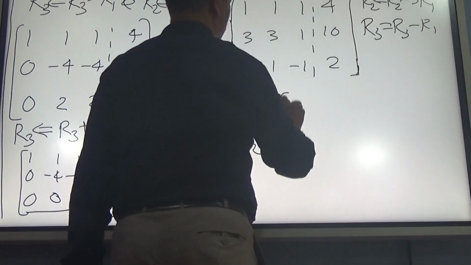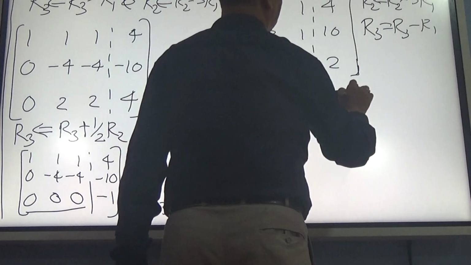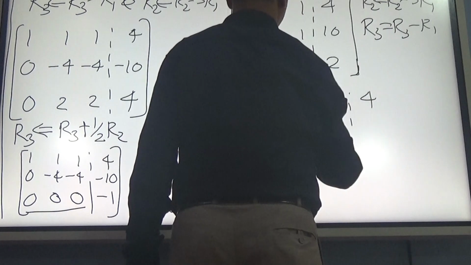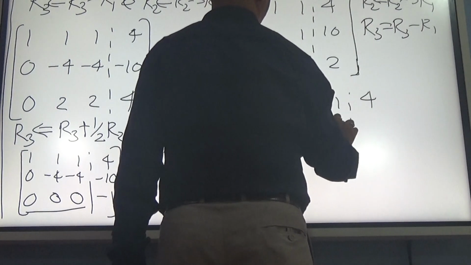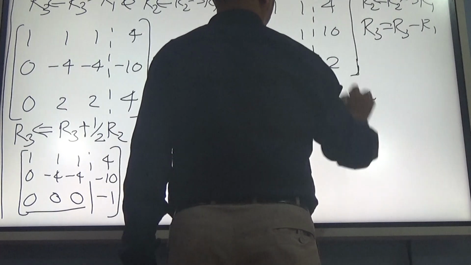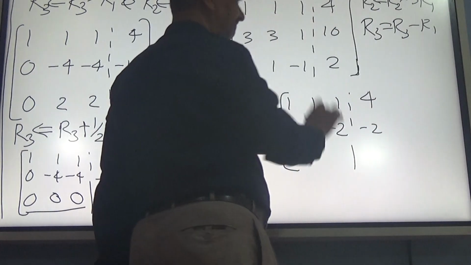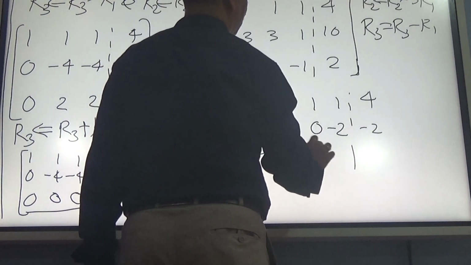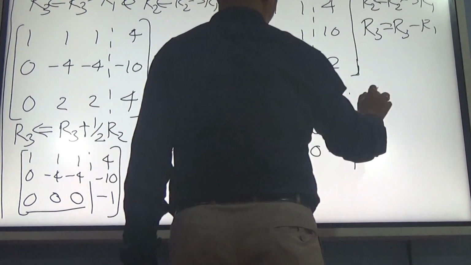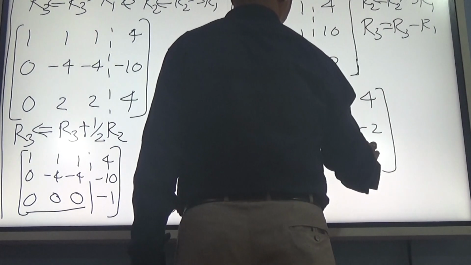What that results into? 1, 1, 1, 4, 0, 0, minus 2, minus 2, right? And here 0, 0, minus 2.